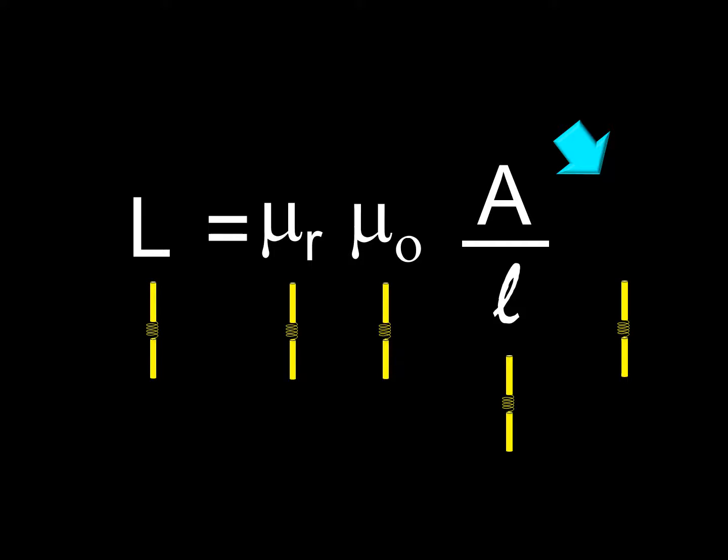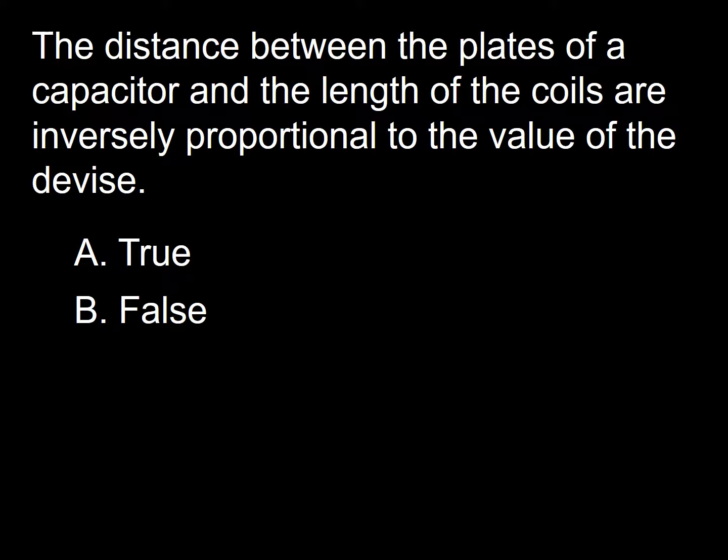The big difference is that the inductance formula has an extra factor, and that is the square of the number of turns. So the answer to this question is true.